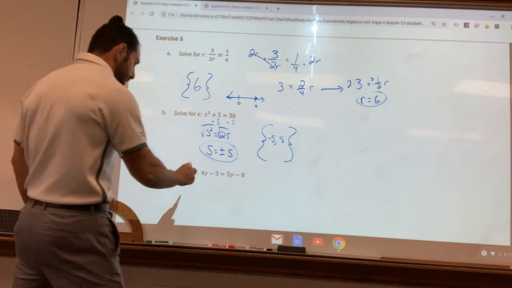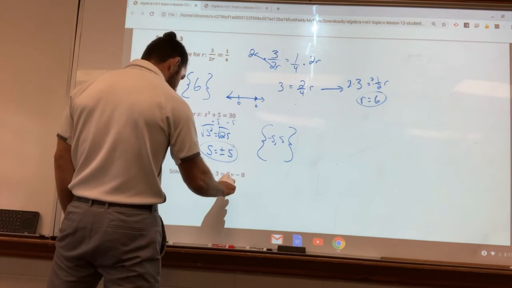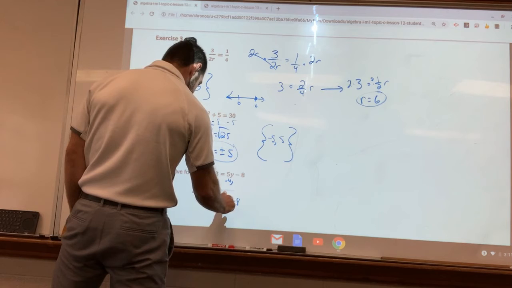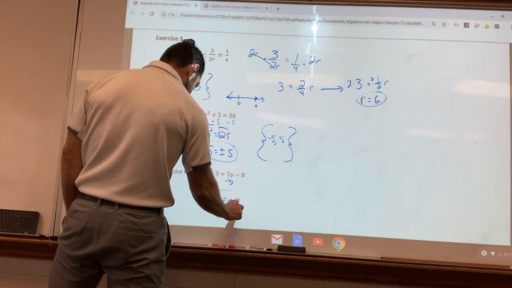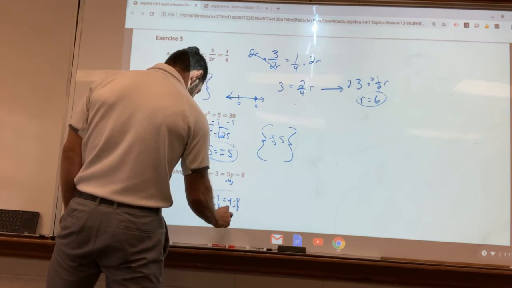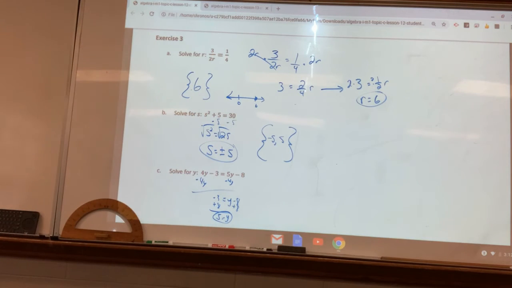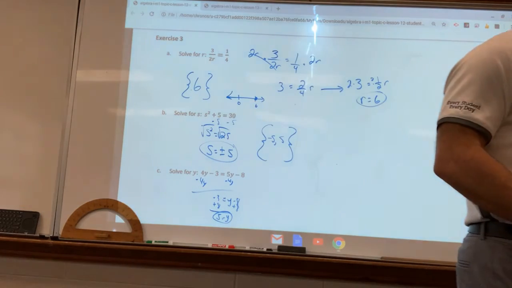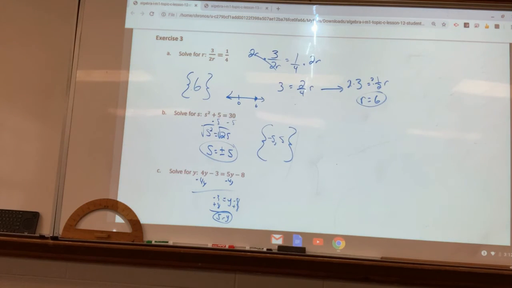Again, you know how to solve equations. Subtract 4y from both sides. That leaves me y minus 8 equals negative 3. Add 8. y equals 5. So these are all equations that we should be getting comfortable doing. In our prep work, we did quite a few equations that were very basic that you should understand and still remember, because we're going to keep building on that.